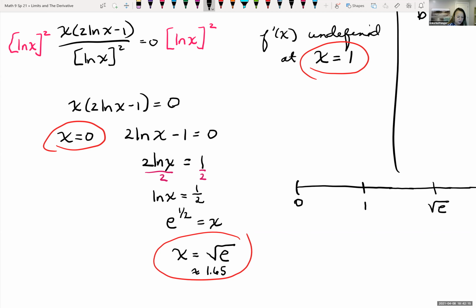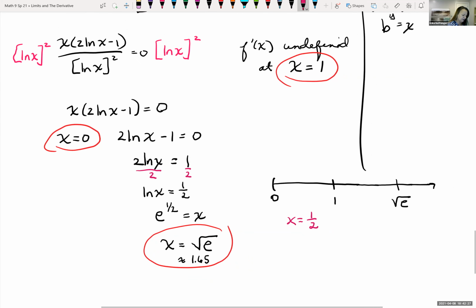Okay, so there's a couple intervals we have to choose, something between 0 and 1. How about x equals 1/2? And we're plugging this back into the derivative.